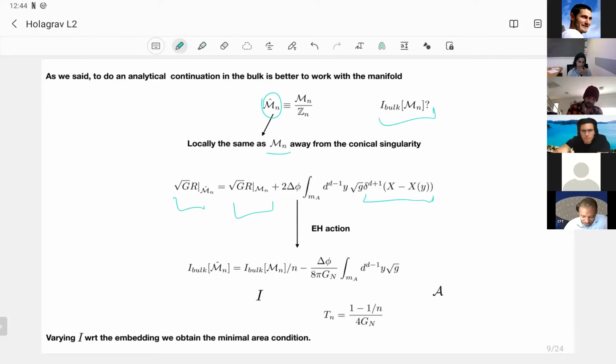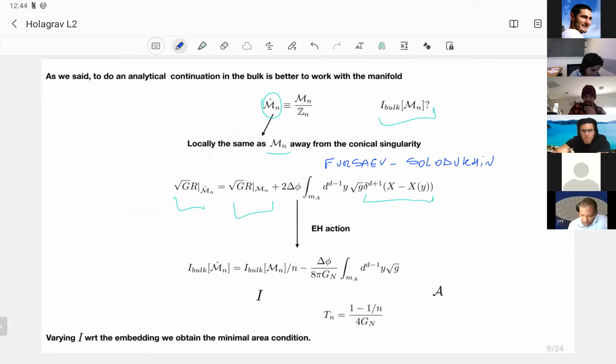If someone wants to see the derivation of this, there is a paper, as always, by Fursaev and Solodukhin. I don't remember the year.